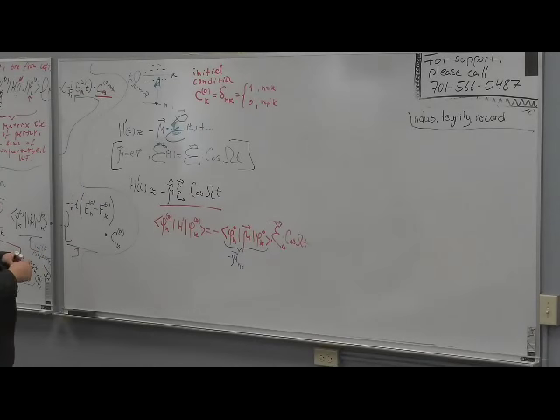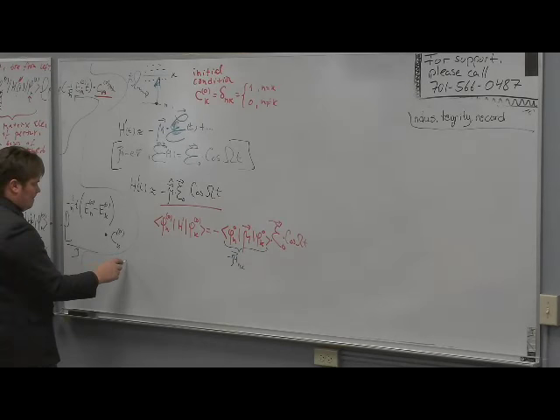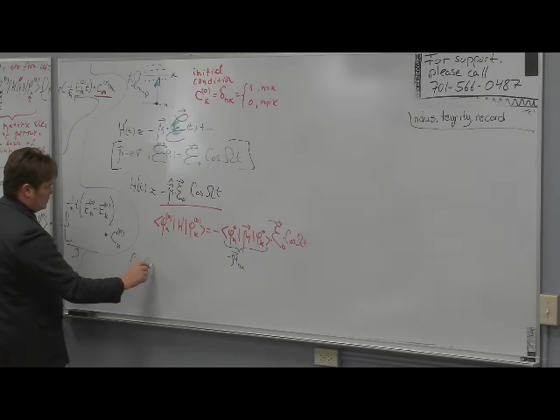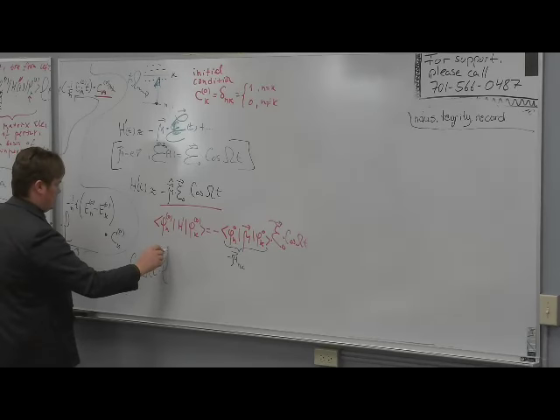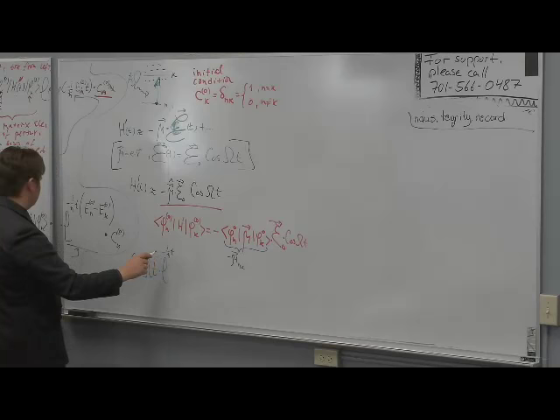So we are going to evaluate cosine omega t times e to the minus i over h bar times t.